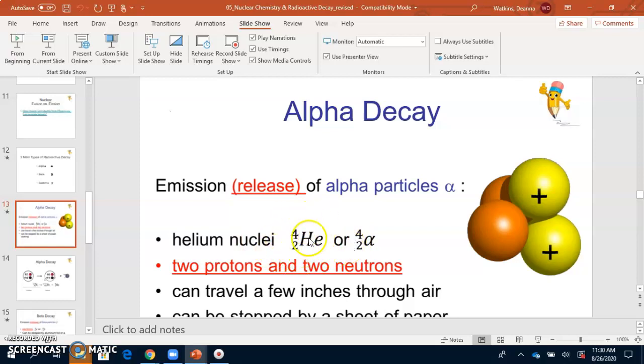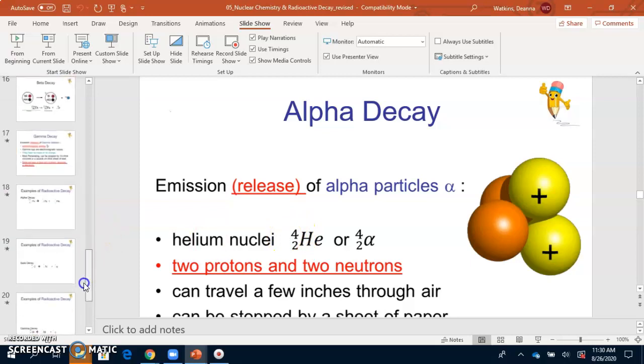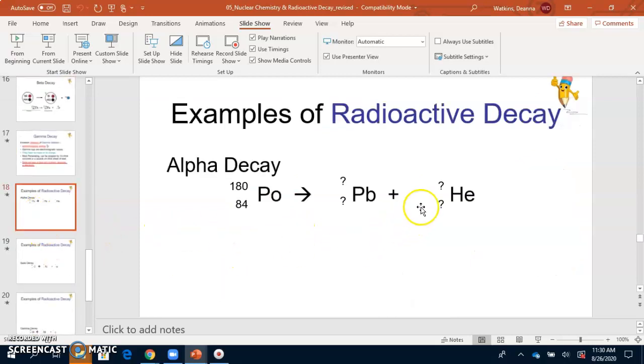All of our helium particles are going to have 2 protons and 2 neutrons, which makes 4 as a mass number. So in your alpha decay problem, we automatically know that this number is going to become 2 and this number is going to become 4, because it is 2 protons plus 2 neutrons, which is helium.